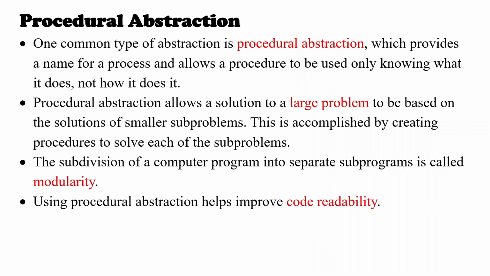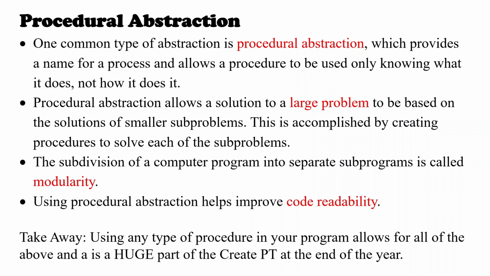And just using this concept helps improve code readability, and you're able to understand the program a lot better when you read it as a programmer. So using any type of procedure in your program is a huge part of procedural abstraction.